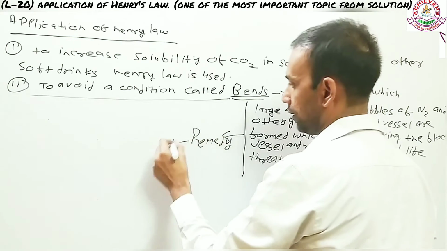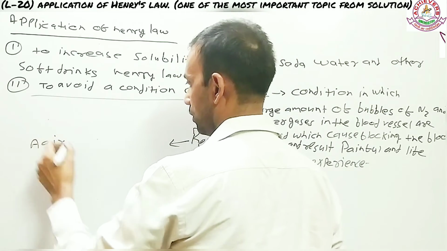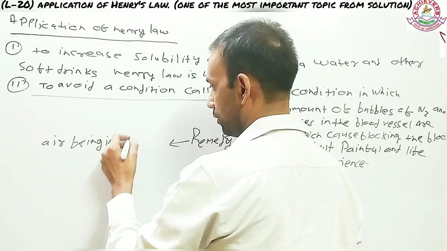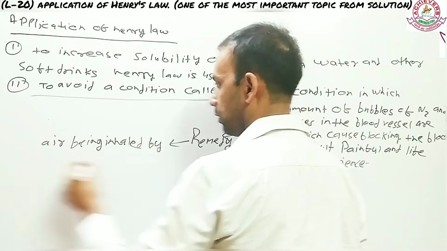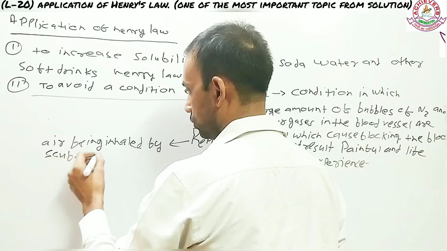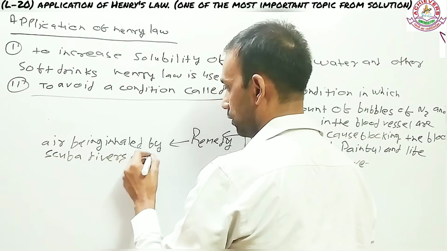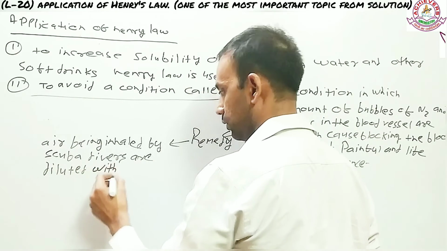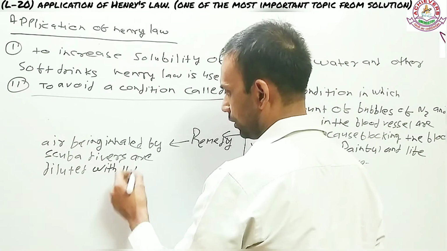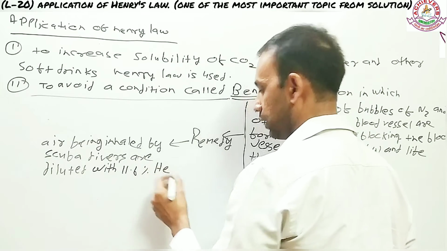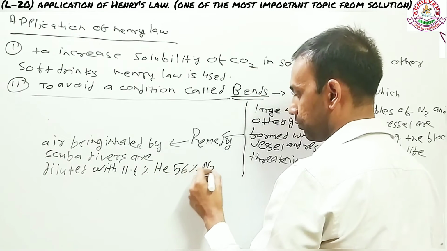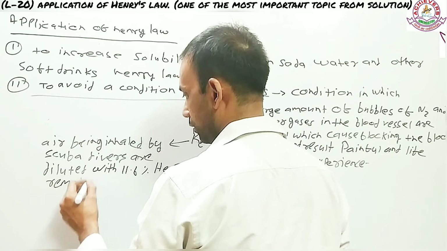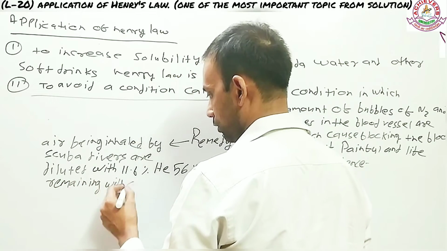The air being inhaled by the scuba divers is diluted with 11.7%, or maybe 11.6%, helium, around 56% nitrogen, and the remaining oxygen.